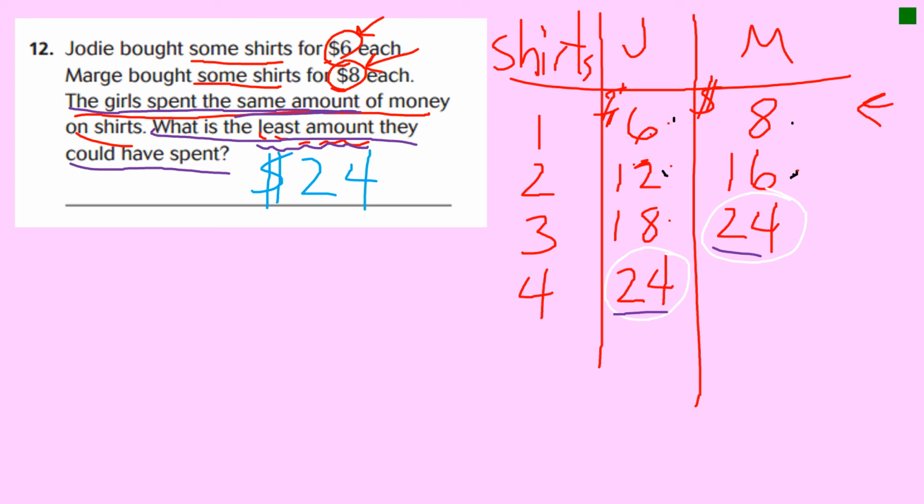Okay? Nice work, guys. And by the way, what you were just doing was listing multiples of 8 and listing multiples of 6. And then you found a common multiple. So you're geniuses. Geniuses, I tell you.